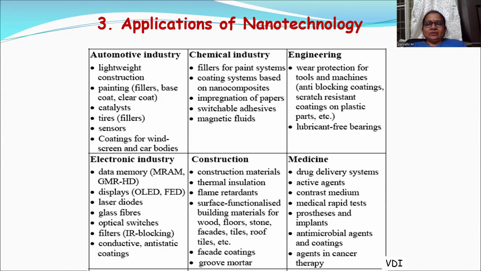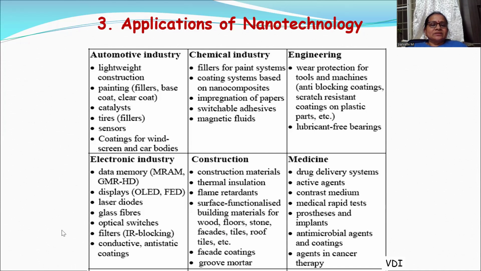So where can we not use these nanomaterials? In construction also: construction materials, thermal insulation, flame retardants, and surface functionalized building materials for wood, floor, stone. Nowadays the construction of buildings is changing with changing technologies, so nanotechnology is going into that field also: facade coatings and grout mortars, all under the construction side.